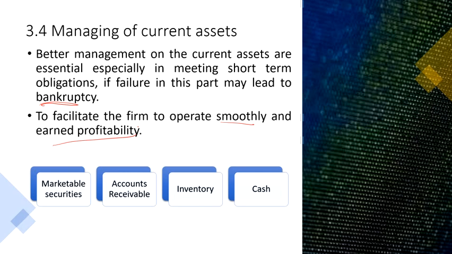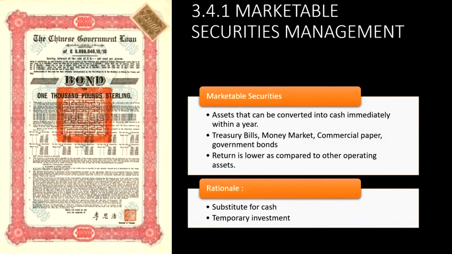Now let's move to the first current asset, that is marketable securities. Marketable securities is an asset that can be converted into cash immediately, that is within a year. Examples of marketable securities are treasury bills, money market, commercial papers, government bonds.